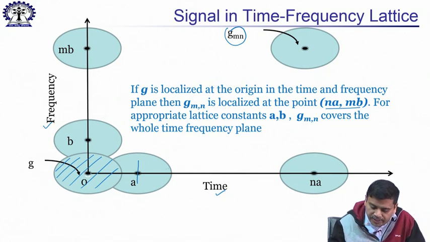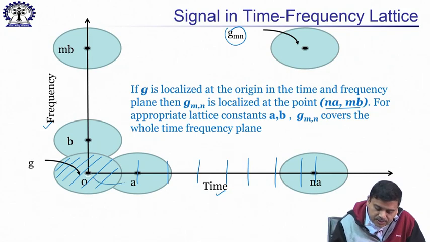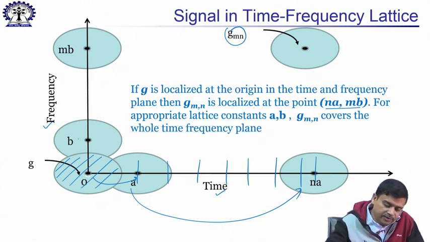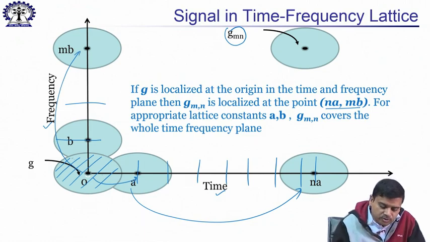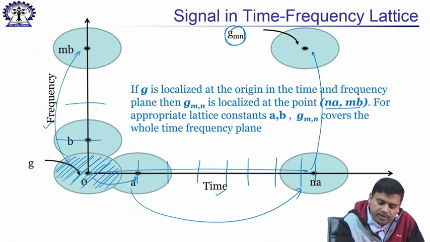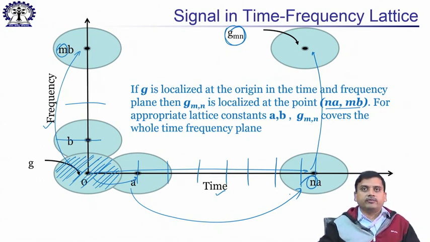So, basically you have divided it into such a lattice structure, and a is the basic unit of shift. So, this is the na unit of shift on this side, and if this is the b unit of shift, then you have mb unit of shift. So, basically this entire Gabor atom gets translated in time, then in frequency to be given as gmn, which are basically indexes m and n respectively. That is how you can span a time frequency grid.